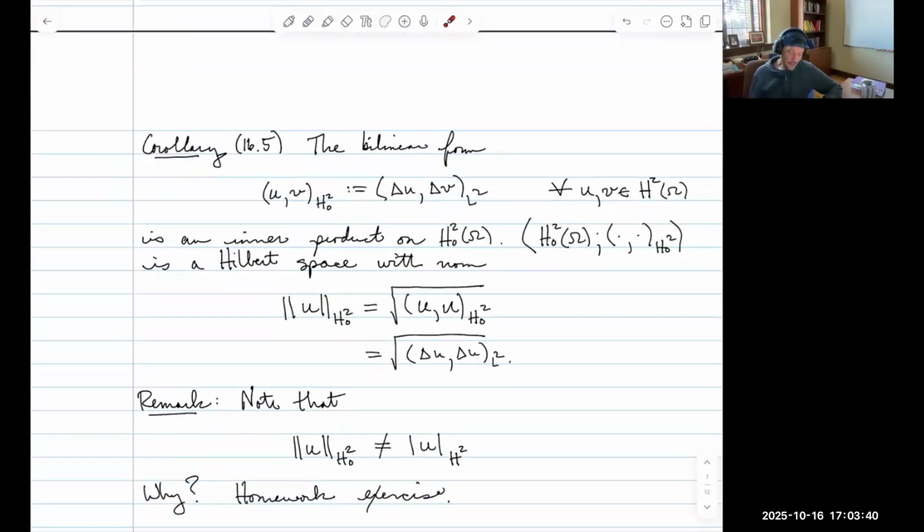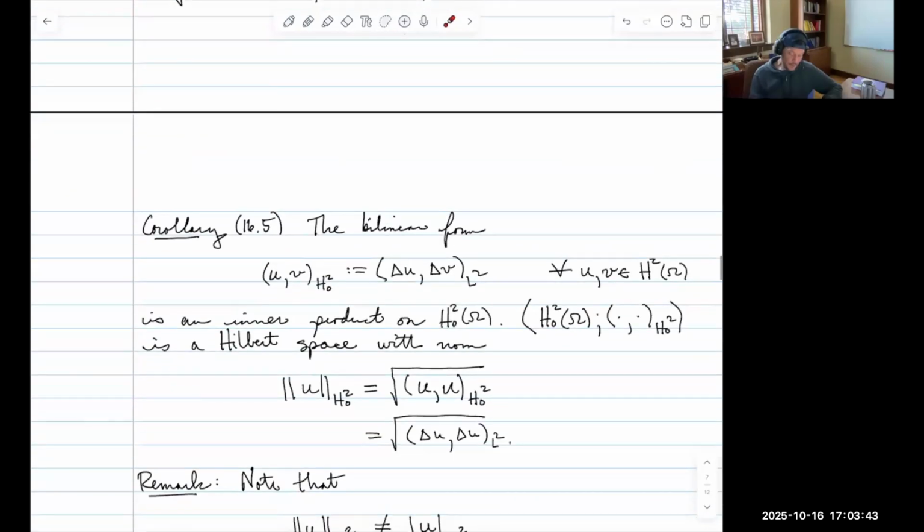As a corollary, this bilinear form here, the A bilinear form, has a special name attached to it. We're going to give it a symbol which makes it seem like an inner product, because it is an inner product.